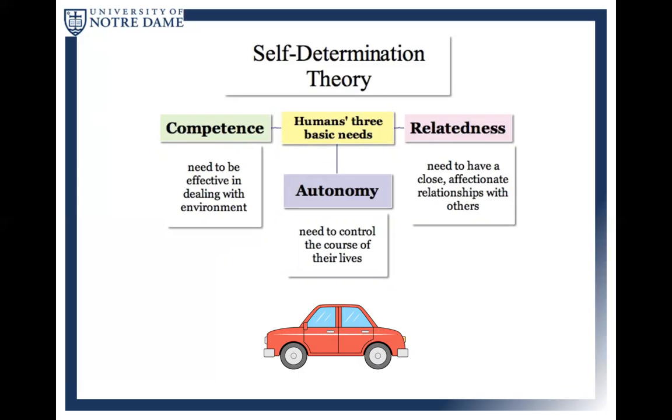These needs are competence, autonomy, and relatedness. To the extent to which teachers can support students' competence, autonomy, and relatedness within and outside of the classroom, that will help develop their intrinsic motivation, as well as connect them to a transcendent purpose.